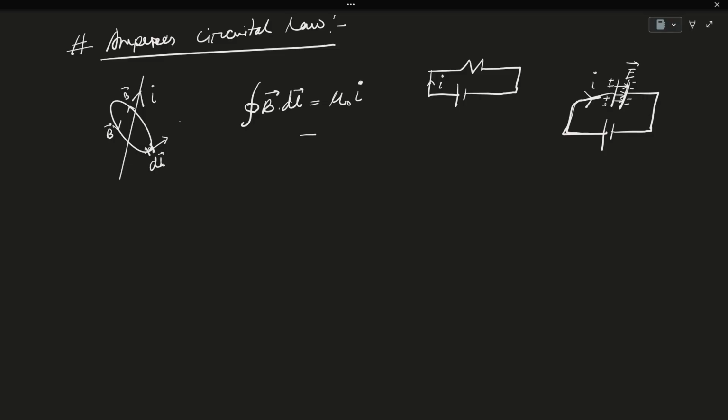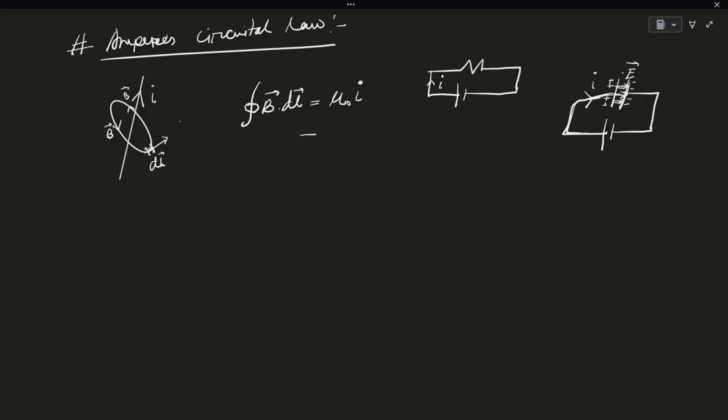As the charge is being deposited, the electric field will keep changing. So there will be a current till the capacitor is fully charged. Till the electric field is changing, there will be a current in this direction.